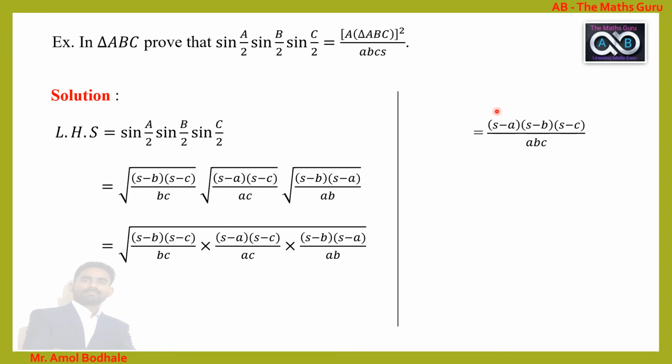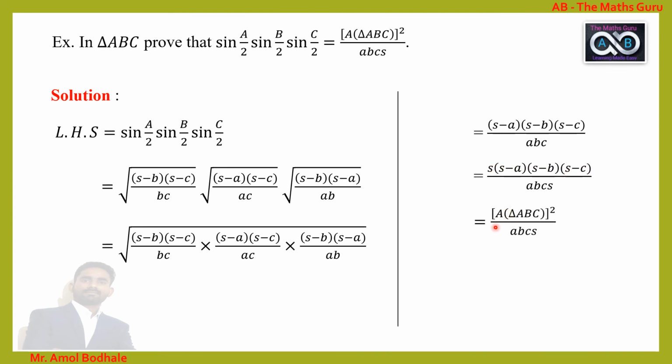Here we'll multiply and divide by s. If we do so, we'll get s(s − a)(s − b)(s − c) upon a into b into c into s. As we know, the area of triangle ABC is the square root of s(s − a)(s − b)(s − c), and here the square root is not given. That means it must be the square of the area of the triangle.